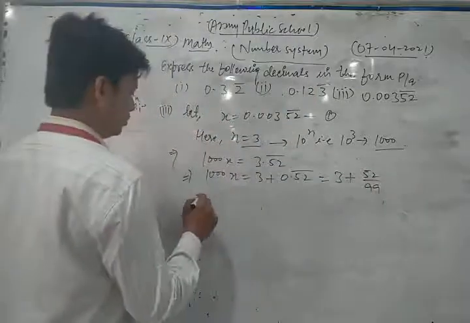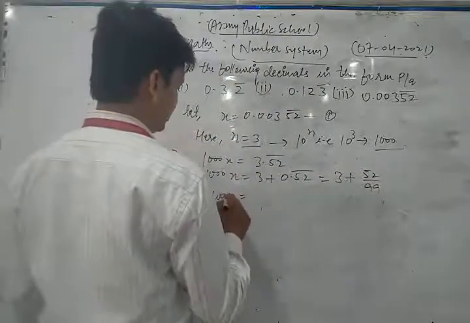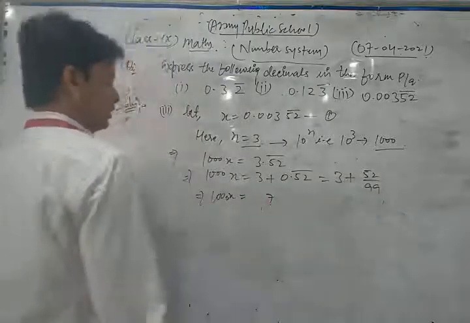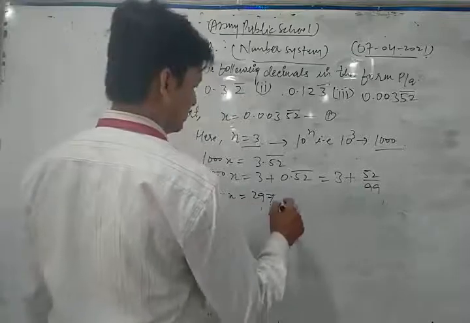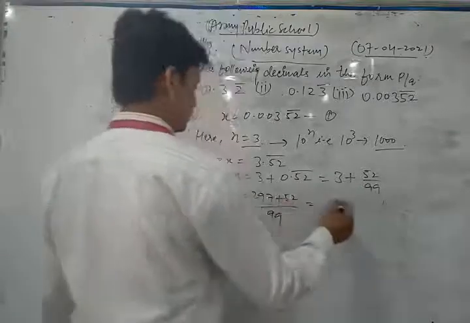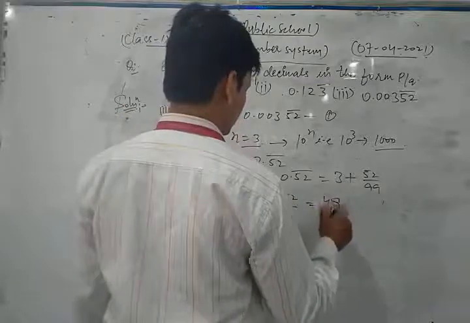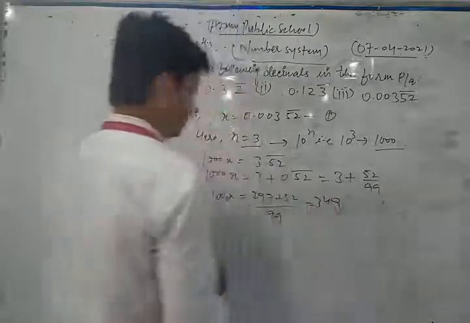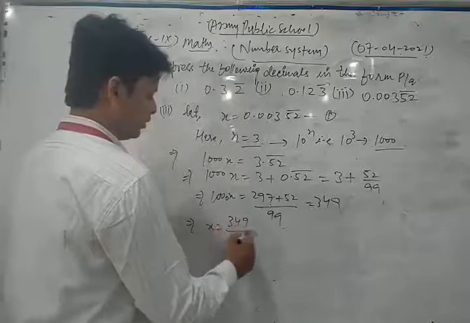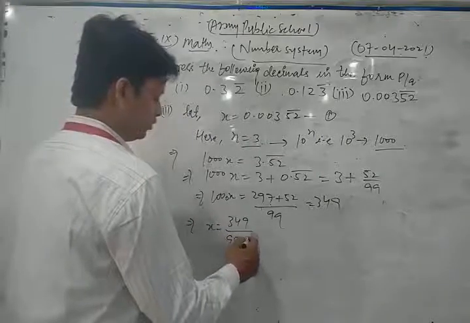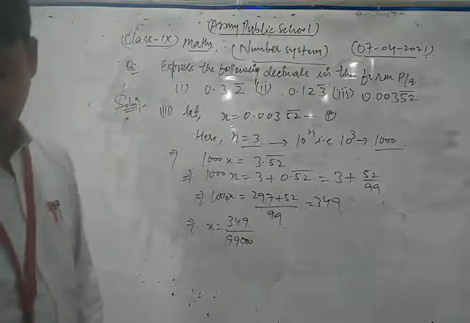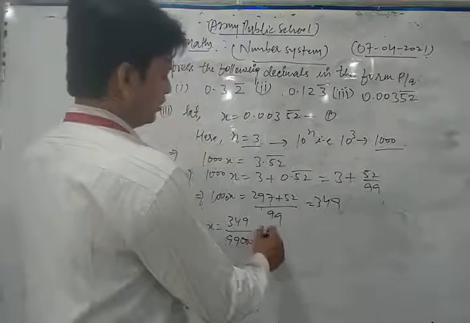Now after simplifying, 1000x is equal to 297 plus 52 upon 99, so we get 349 upon 99. So the value of x is 349 upon 99000. This is the required solution of the given question.